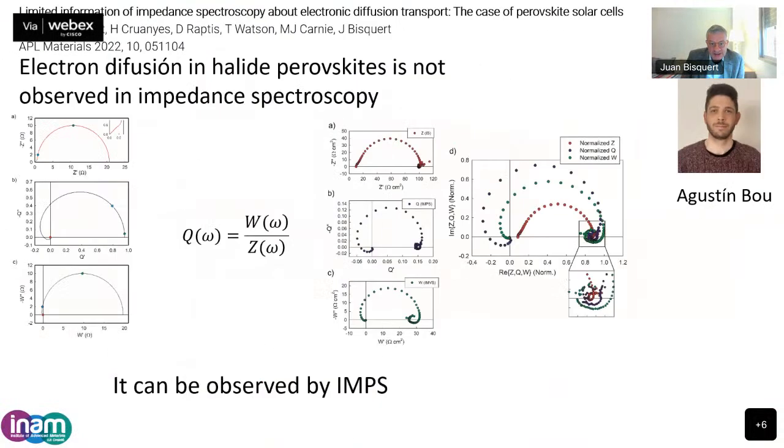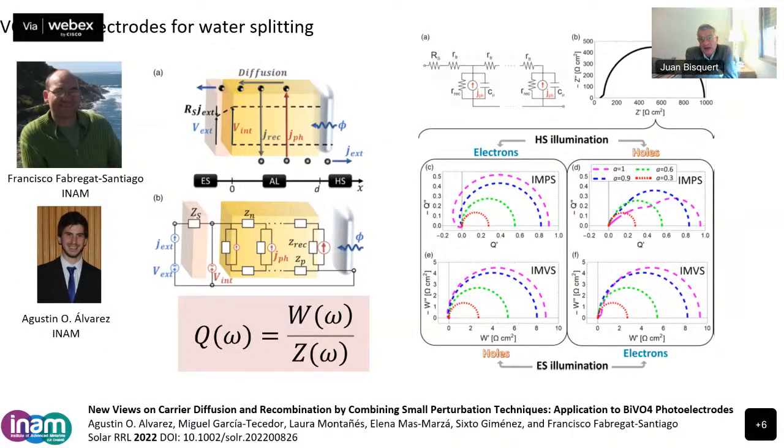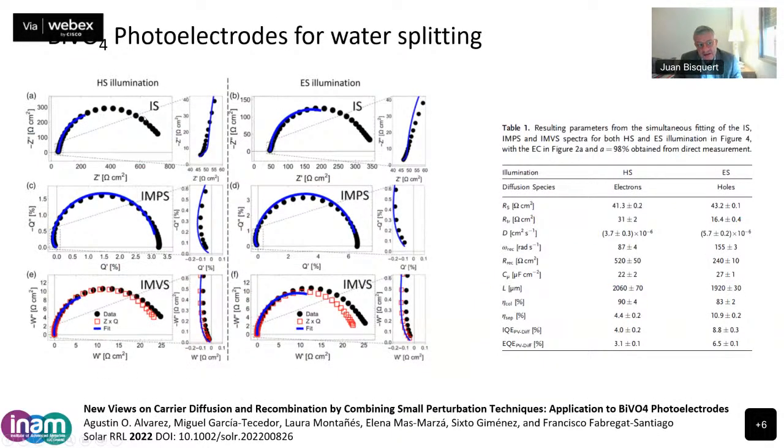So this is a new insight, and it has now been developed for photoelectrochemistry with bismuth vanadate water splitting, and this has been done by Fran Fabregat and Agustin Alvarez. So they ran the different types of measurements, and we can correlate the different spectra using the central formula of Luca, and you can see here the different spectra.